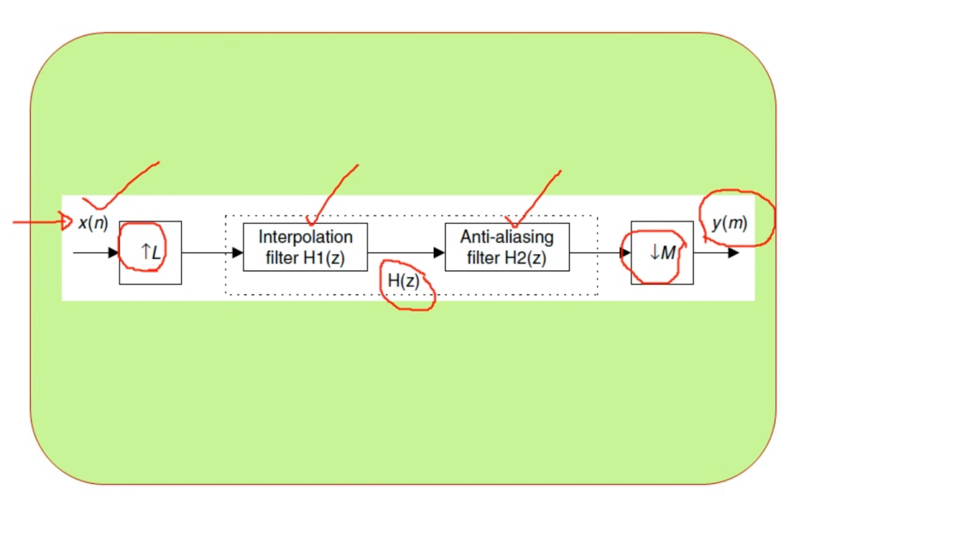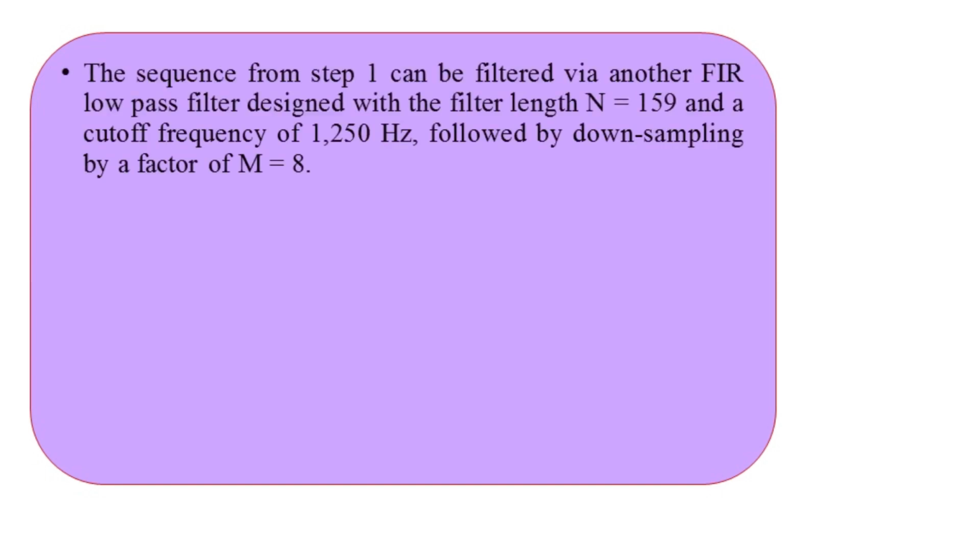Now in this regard, the sequence from step 1 can be filtered via another FIR low pass filter designed with the filter length capital N equal to 159 and a cutoff frequency of 1250 Hz, followed by downsampling by the factor capital M equal to 8.